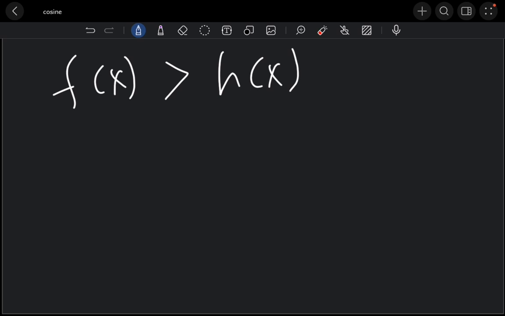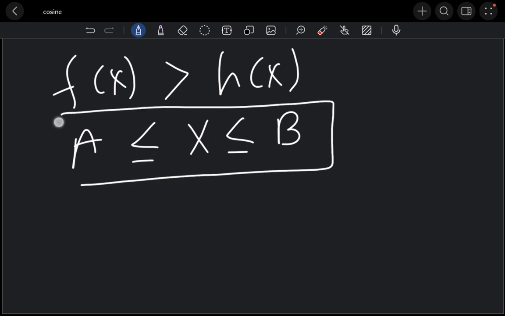Once we know the points A and B, we know our values of x. This is what they're looking for. This should be your answer. Once you know A and B, you'll be able to know the points in which f of x is greater than h of x. The same applies if they said f of x is less than h of x.